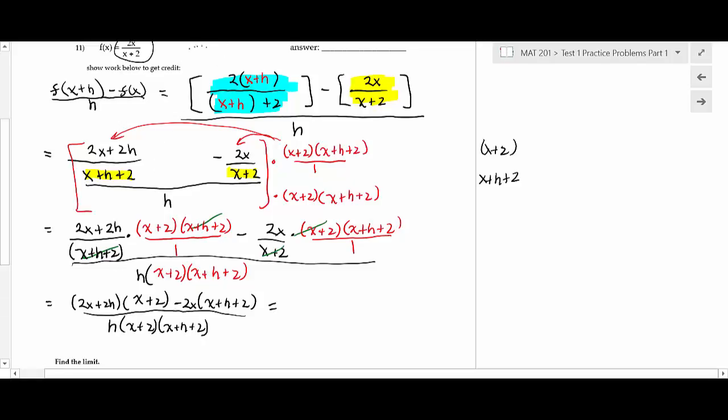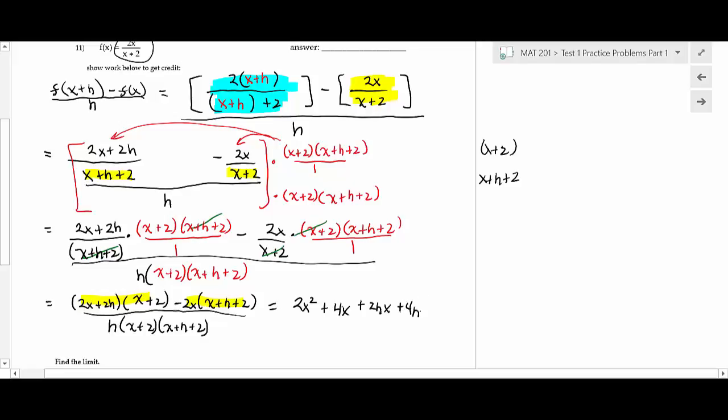So I'm going to do the FOIL here. I'm going to multiply these two things out, then I'm going to multiply those two things out. You'll probably have a lot of things that cancel. So FOIL, the first thing you're going to have is 2x squared plus 4x plus 2hx plus 4h. So I just did 2x times x, 2x times 2, 2h times x, and then 2h times 2.